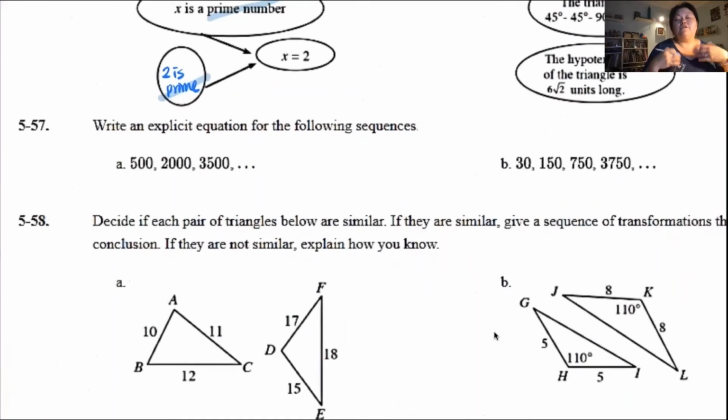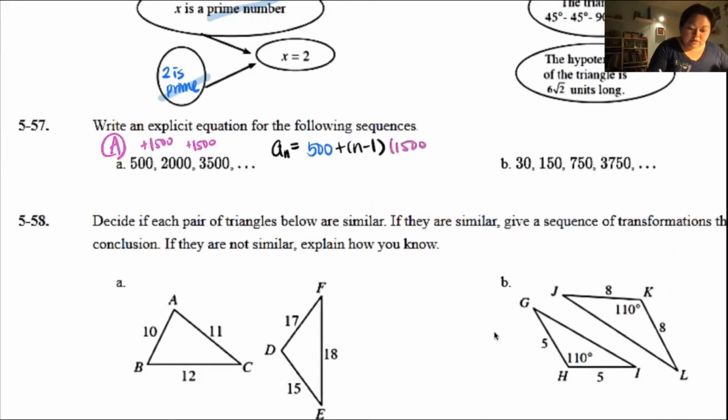Okay? All right. Next, it says write an explicit equation for the following sequences. So it's again asking you for the formula that gets you these equations, right? So let's see. From 500 all the way up to 2,000, I believe that's adding 1,500. Does that work in the next one? Yes. If I add 1,500, I get 3,500. So this is an arithmetic sequence. So that means that my formula is A sub n equals the first number, 500, plus n minus 1 times that common difference of 1,500.